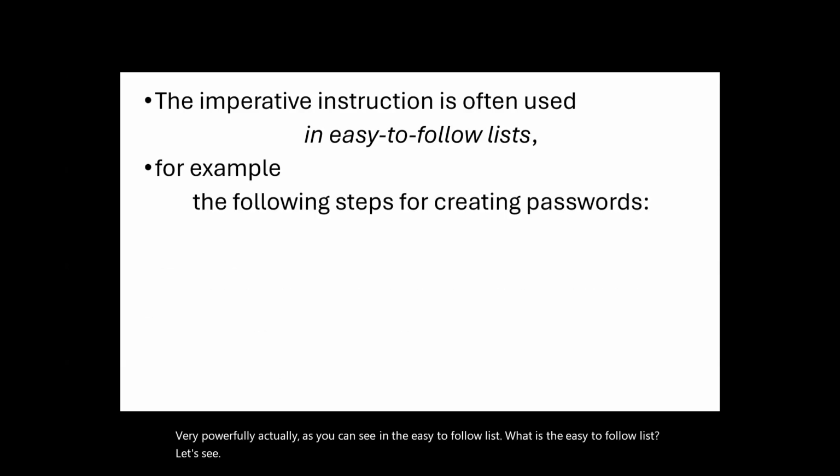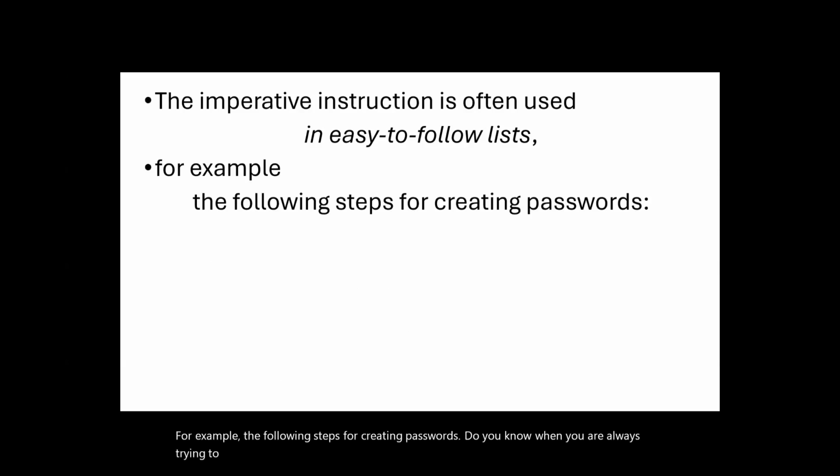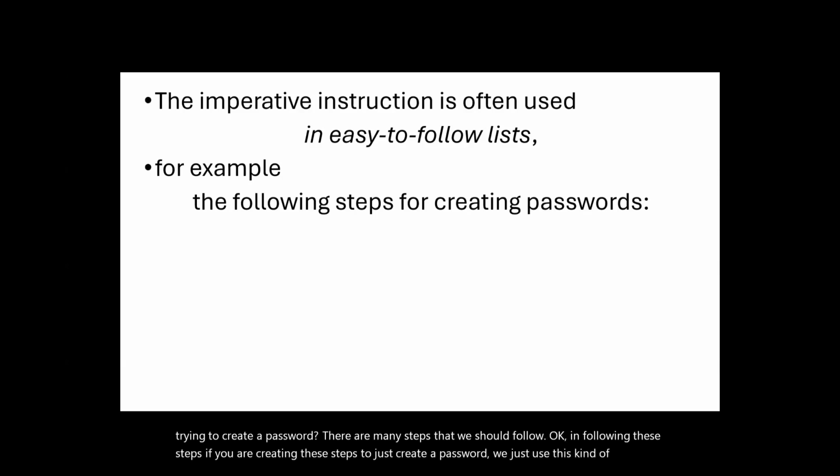For example, the following steps for creating a password. Do you know when you are trying to create a password, there are many steps that we should follow. In following these steps, if you are creating these steps to just create a password, we just use this kind of imperative instruction. How can we do that?